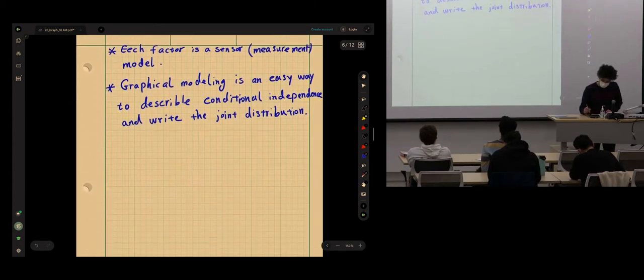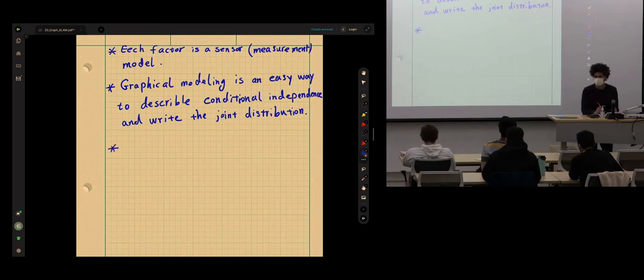Now, given that we can write down the joint distribution, we can talk about maximum a posteriori estimation. In one of your early homeworks, you became familiar with the concept of maximum likelihood, where we maximize the likelihood to estimate the parameter. And in maximum a posteriori, when we have a prior, then we maximize the posterior. So then we have likelihood and the prior.